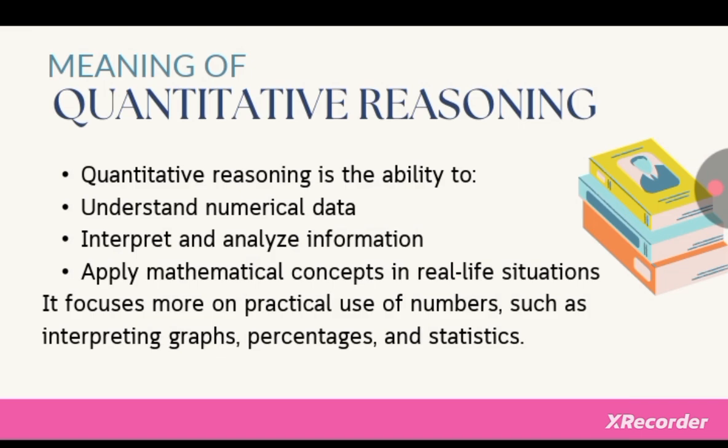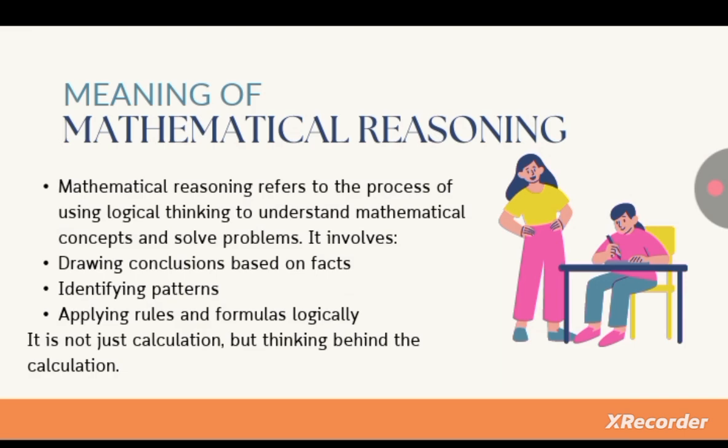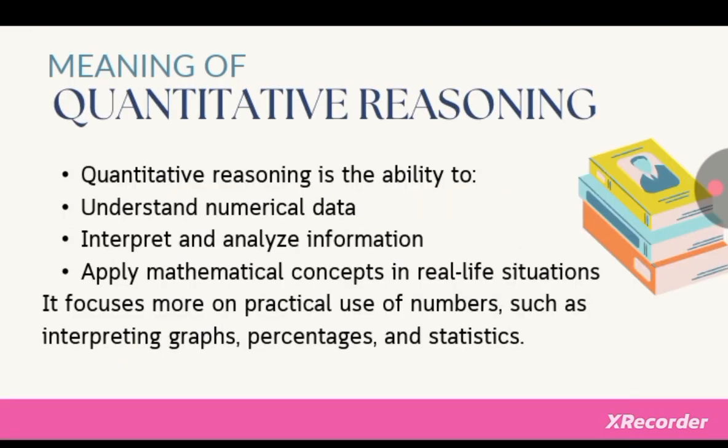Next, let's try to understand what is the meaning of quantitative reasoning. What is the key difference between mathematical reasoning and quantitative reasoning? First, quantitative reasoning is the ability to understand numerical data. Second, it tries to interpret and analyze information. After understanding, a person is able to interpret and analyze information, that is, break down information into different parts and interpret conclusions from that data.